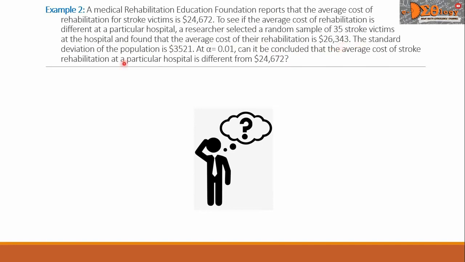The standard deviation of the population is $3,521. At alpha equals 0.01, can it be concluded that the average cost of stroke rehabilitation at a particular hospital is different from $24,672?